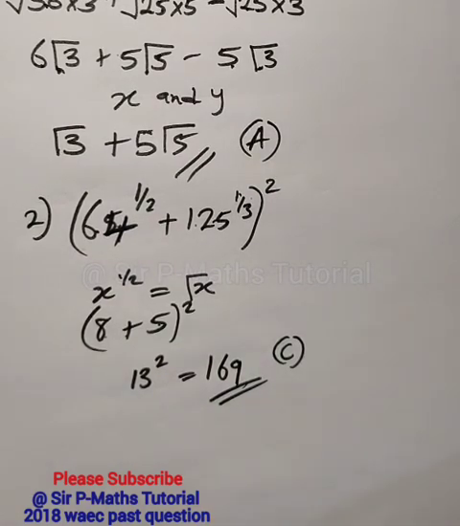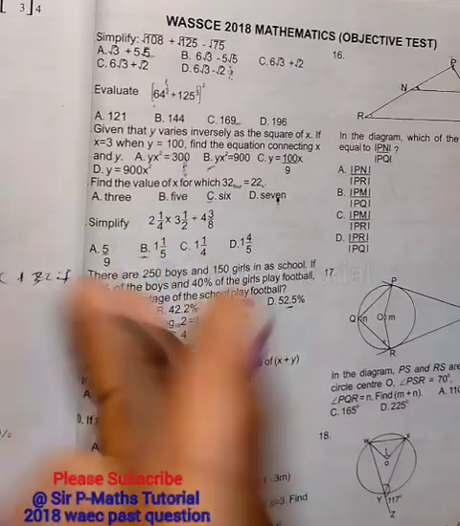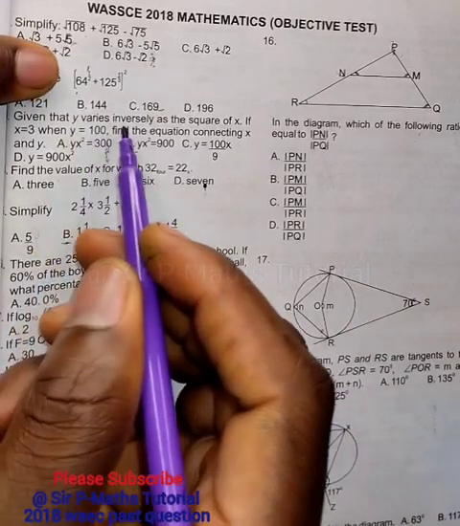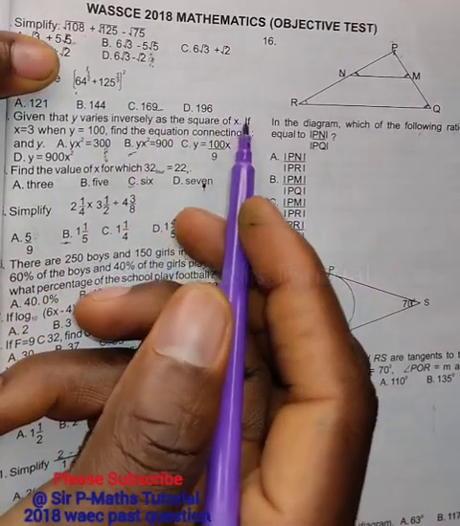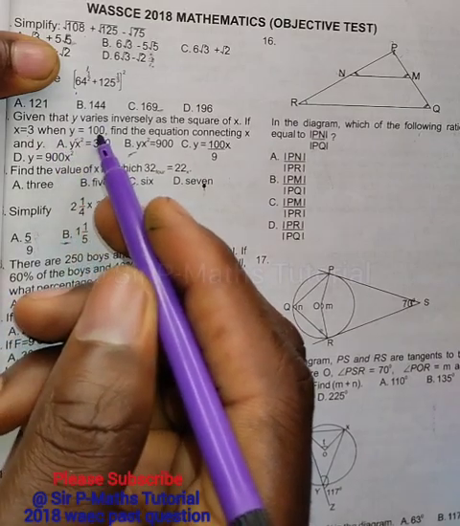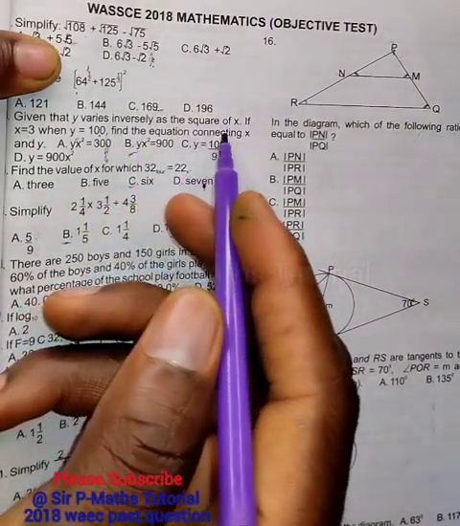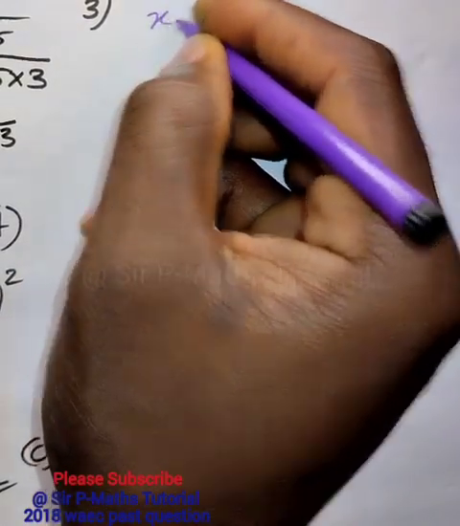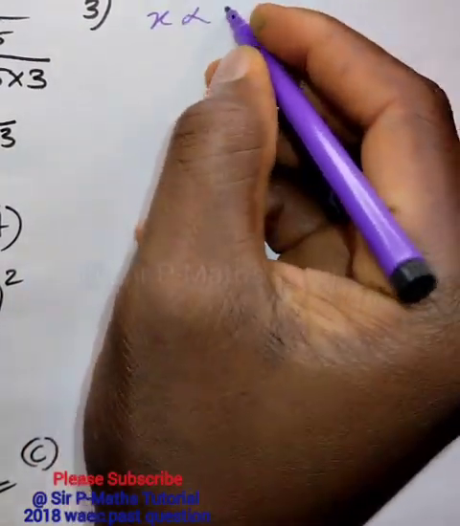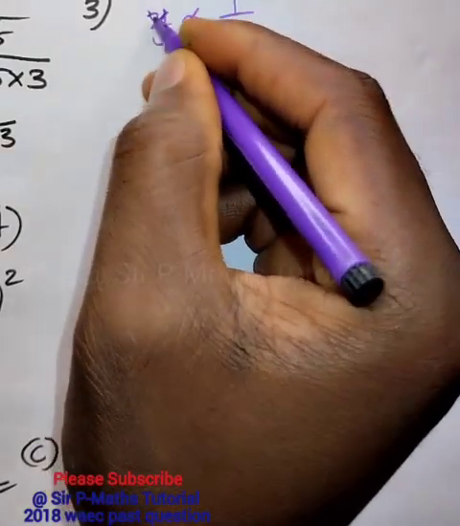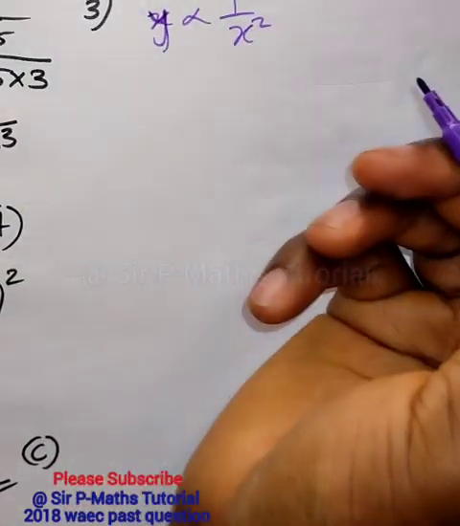Let's consider number 3. Number 3 is a variation. Given that y varies inversely as the square of x, if x is 3 when y is 100, find the equation connecting x and y, right? Y varies inversely as the square of x.